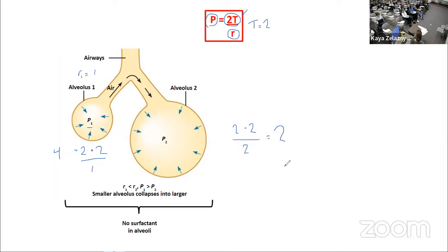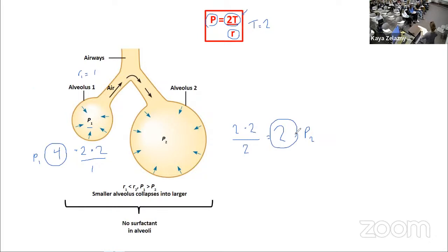So the problem this presents is that we want to remember that our airflow is all based on pressure gradients. If we had this situation, where we have a P1 of 4 in this small alveolus, and a P2 of 2 in this large alveolus, what's going to happen with the air?